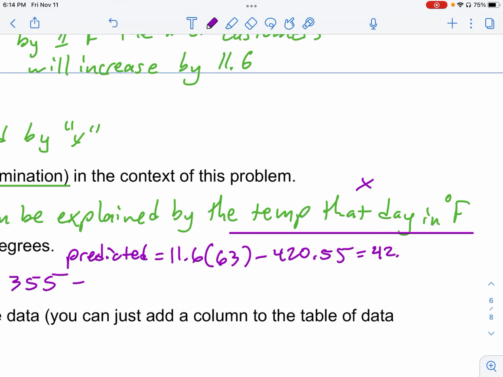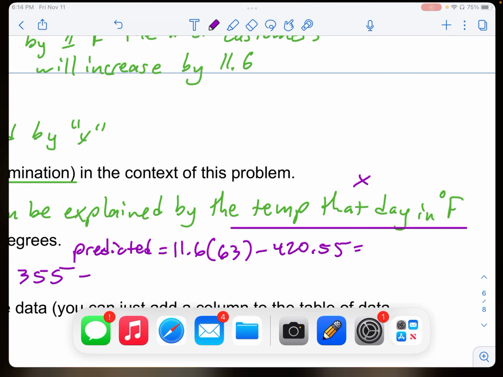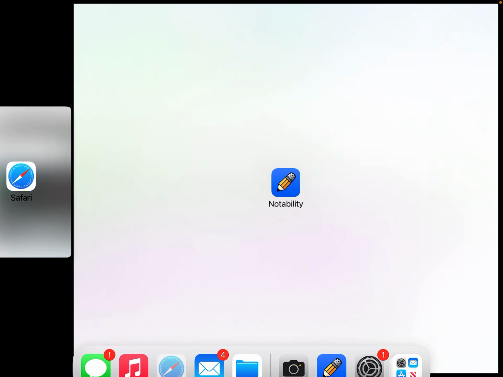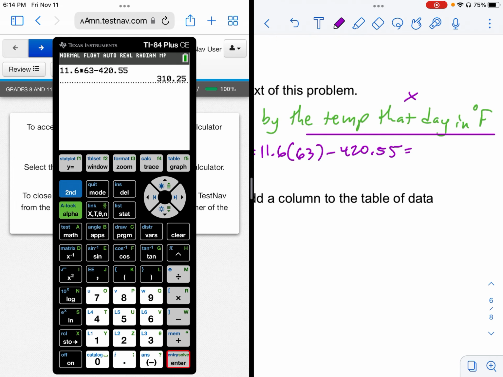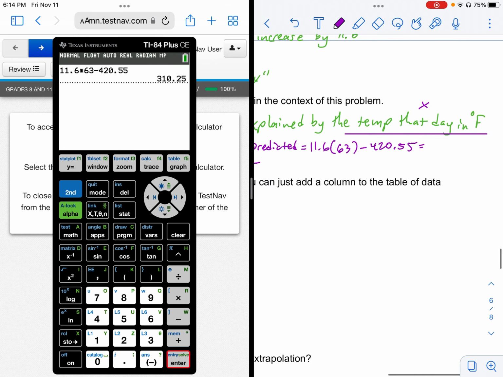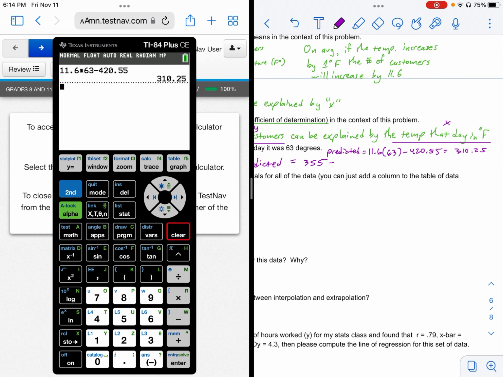Calculator to the rescue. 11.6 times 63 minus 420.55. So I got 310.25. So that is what the predicted number of customers was.